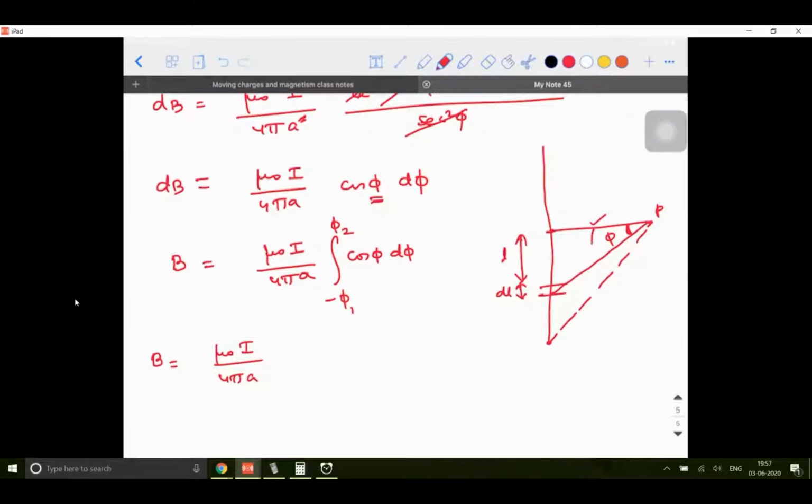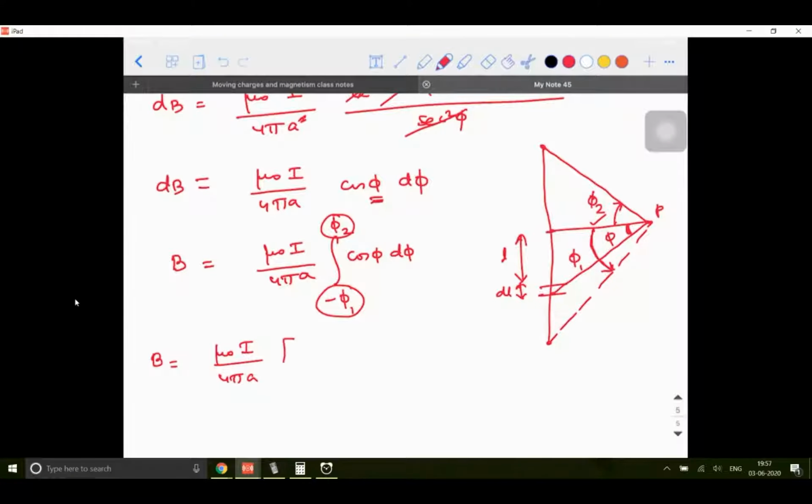The maximum value it can make in the clockwise direction is phi 1. Similarly, if I join from here to here, the maximum value it can make in the anti-clockwise direction is phi 2. That is why I took it as minus phi 1 to phi 2, because one of the directions of angles I considered as negative, the other one will be positive.